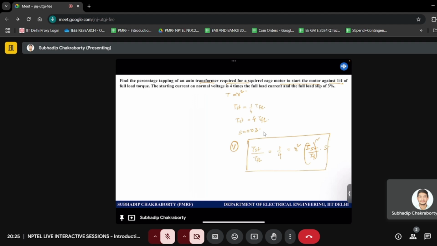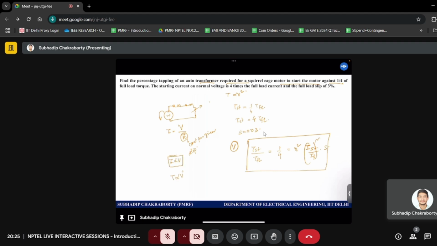So in an induction machine, for a given slip, if you reduce the voltage, then since this is V by Z and Z is constant for a given slip, I is proportional to V, right?